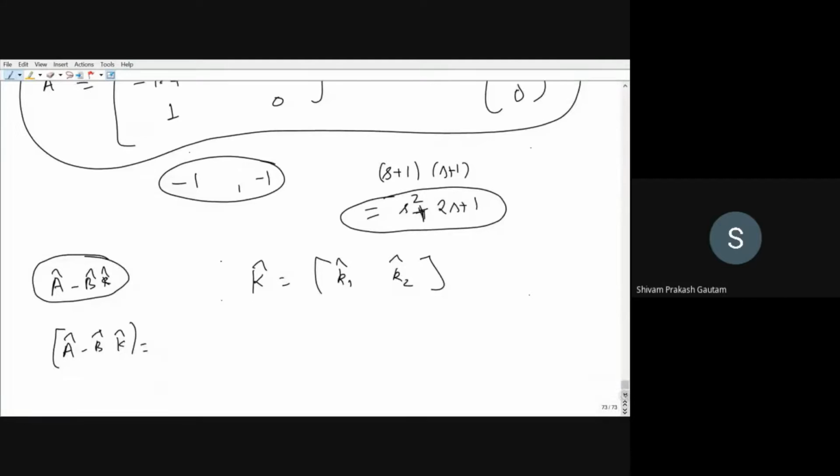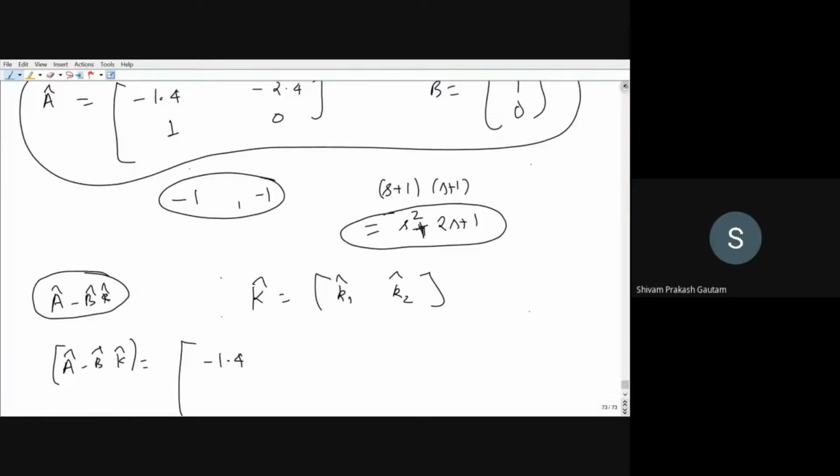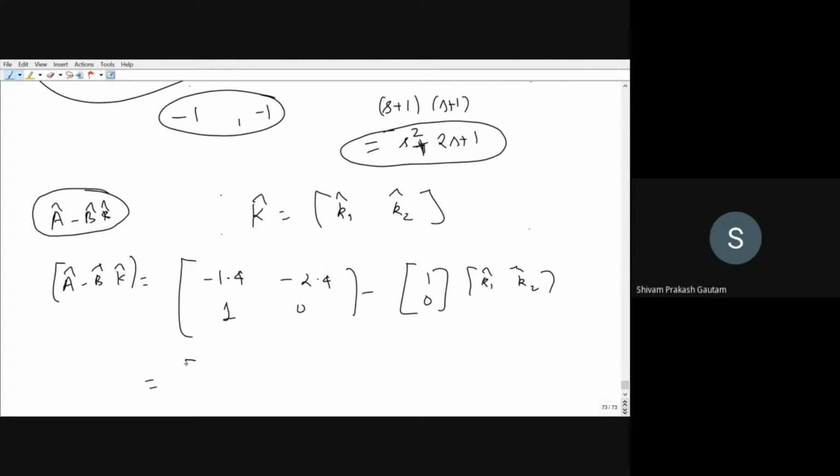That will be equal to minus 1.4, minus 2.4, 1 and 0, minus B cap. B is 1, 0, multiplied by K1 cap, K2 cap. Now you multiply this: the dimension of this is 2 cross 1, the dimension of this is 1 cross 2.